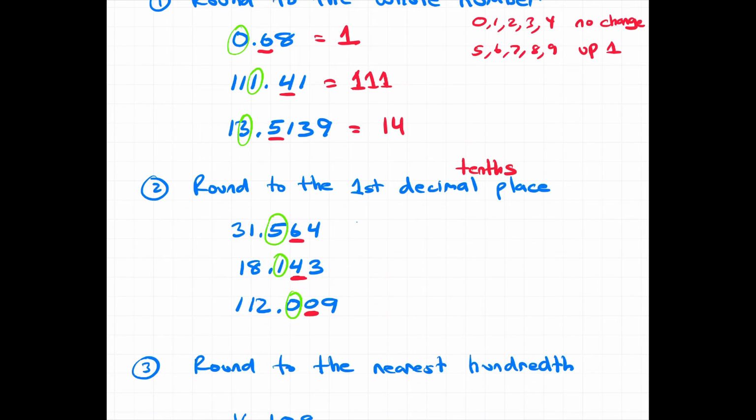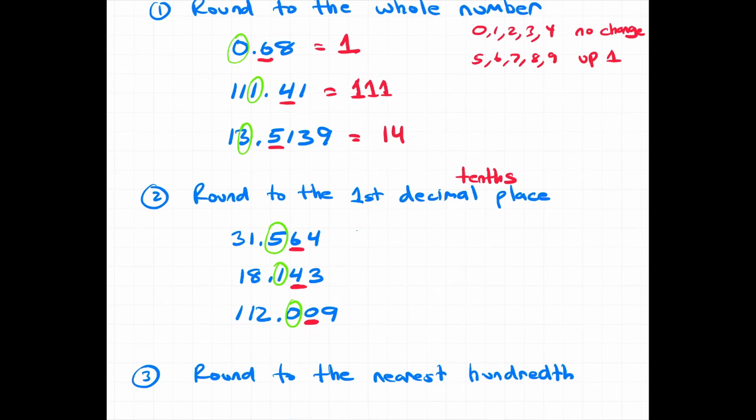Okay, so following the same rules as before, if I look at this number 31.564, remember the 4 here doesn't even come into play, the 3 doesn't come into play, and this 9 doesn't come into play right here. So 6 tells me that the number to the left of it is going to go up by 1, so the answer to this is going to be 31.6. The 4 in 18.14 tells me there will be no change, so the answer is going to be 18.1.